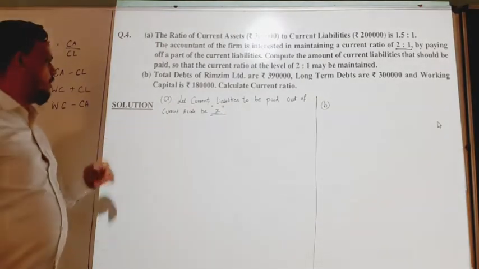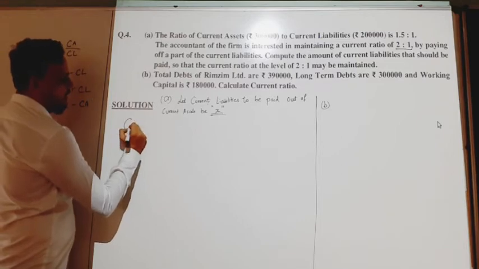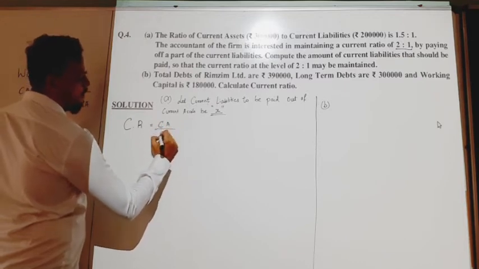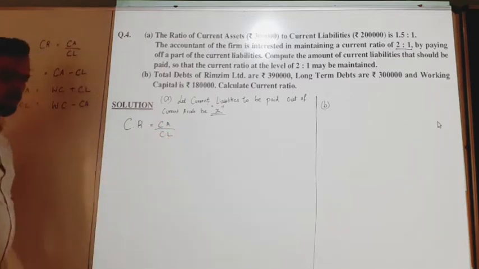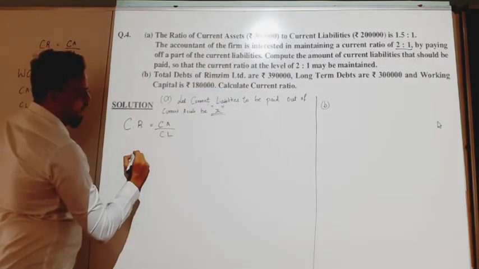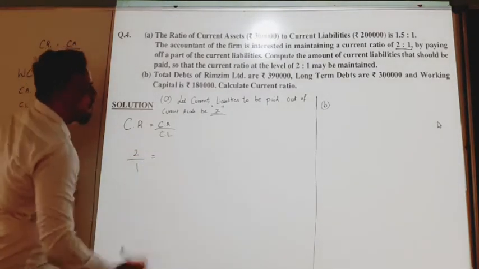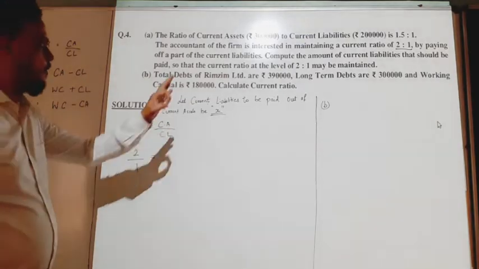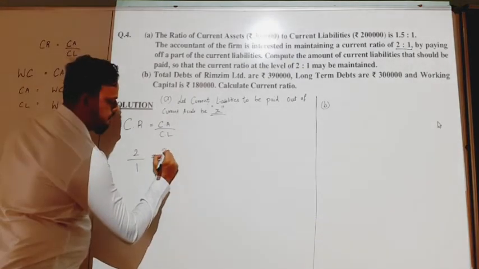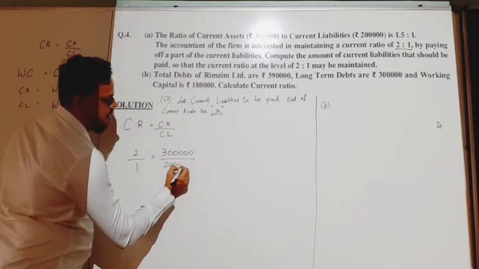I am not writing the formula here, but making sure how it has to be written. Current ratio is equal to current assets upon current liability. We have to maintain the current ratio of 2 to 1, so I am writing 2 to 1. Now we have current assets of 3 lakh and liability of 2 lakh. We will do this: 3 lakh upon 2 lakh.